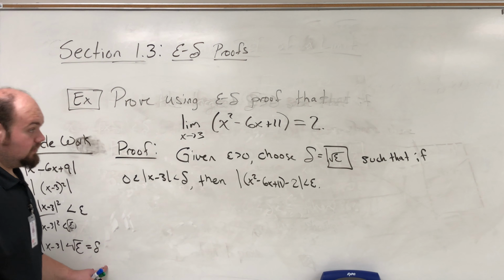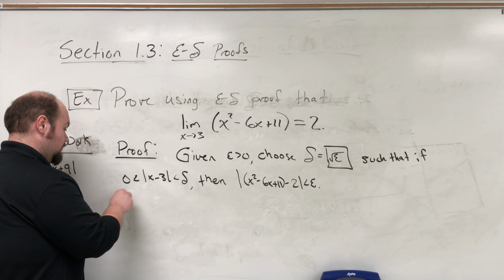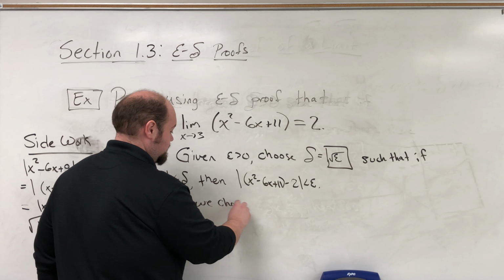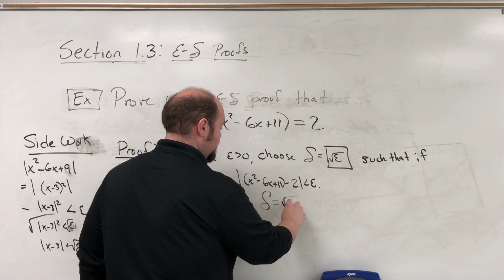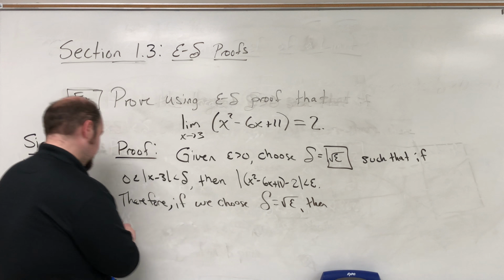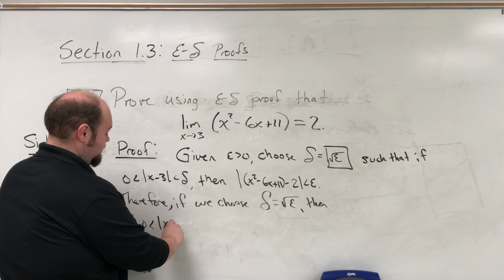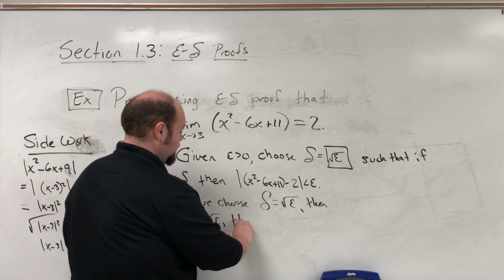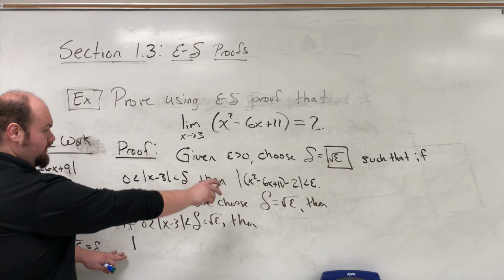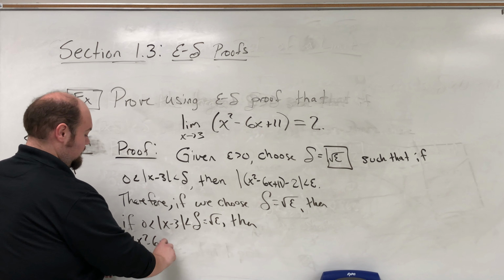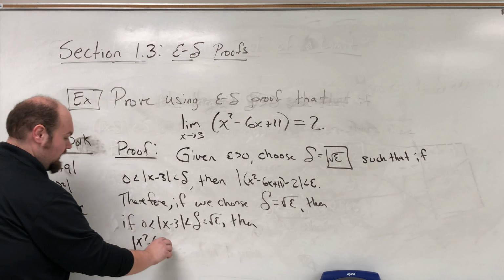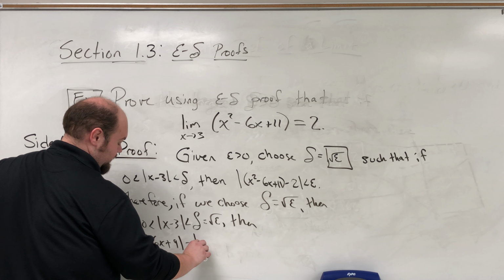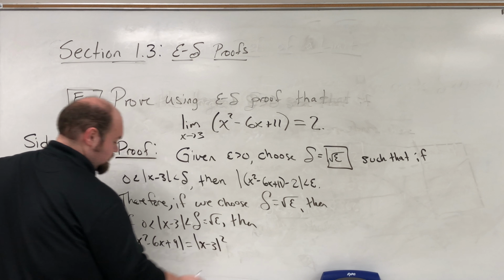And then we continue. Therefore, if we choose delta equal to the square root of epsilon, then if 0 is less than the absolute value of x minus 3 is less than delta equal to the square root of epsilon, then the absolute value of x squared minus 6x, I'm going to go ahead and write that as plus 9, which equals over here the absolute value of x minus 3 squared.